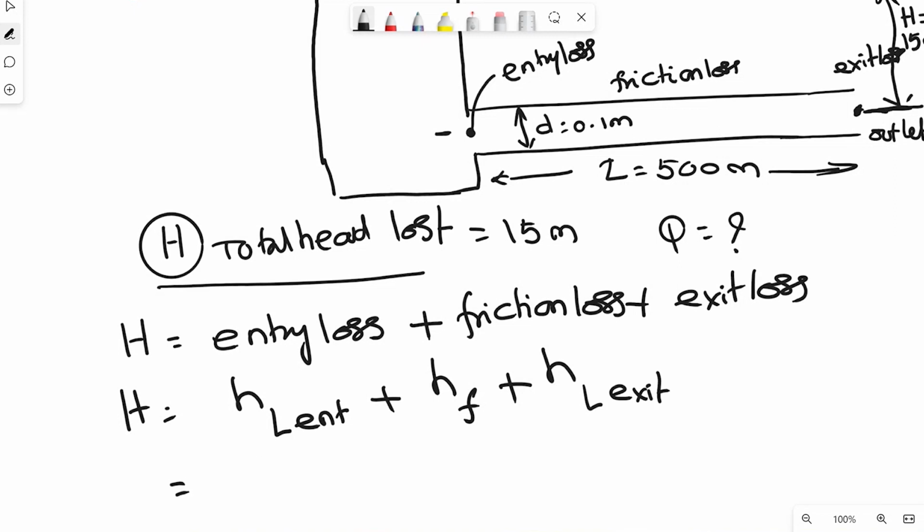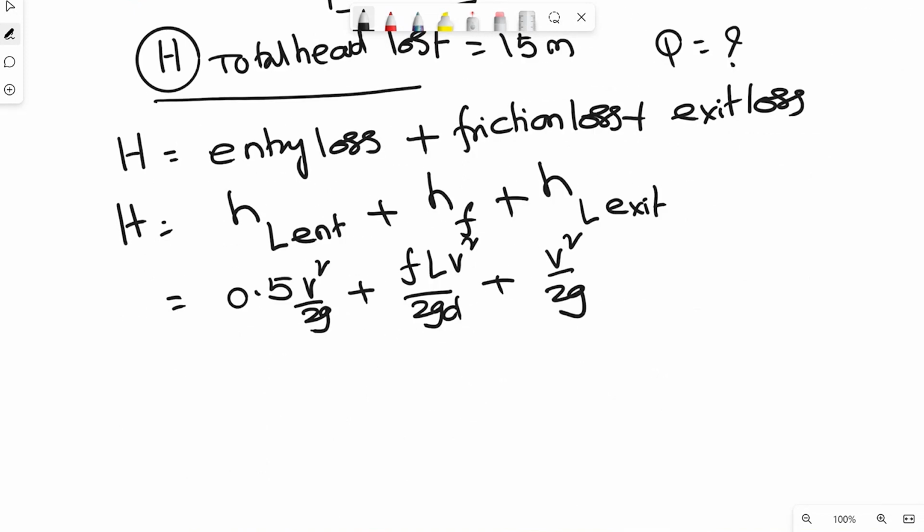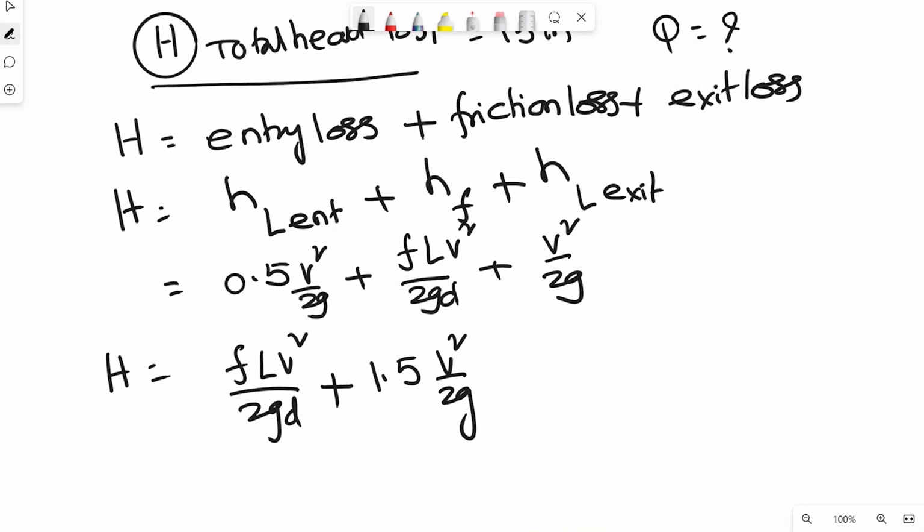So if I write it, what is the head loss at entrance? 0.5 V squared by 2g, plus friction: f L V squared by 2gD, plus exit: V squared by 2g. Therefore, H is equal to f L V squared by 2gD plus 1.5 V squared by 2g.